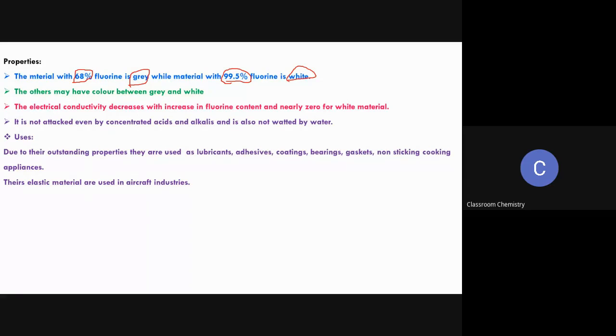And that's why electrical conductivity decreases with increasing percentage of fluorine, and the white fluorocarbon does not carry electrical conductivity. Okay, all of you understand?